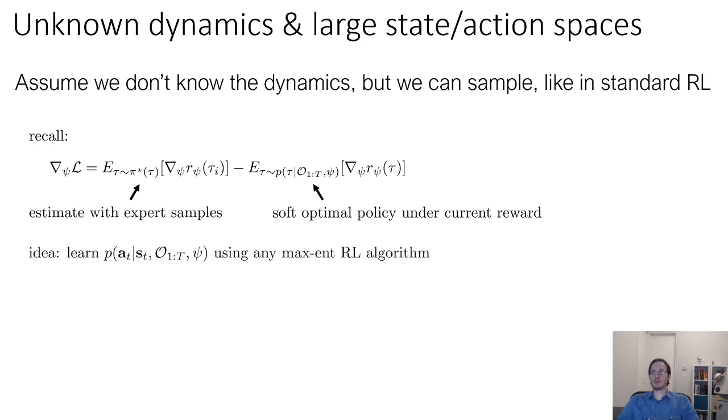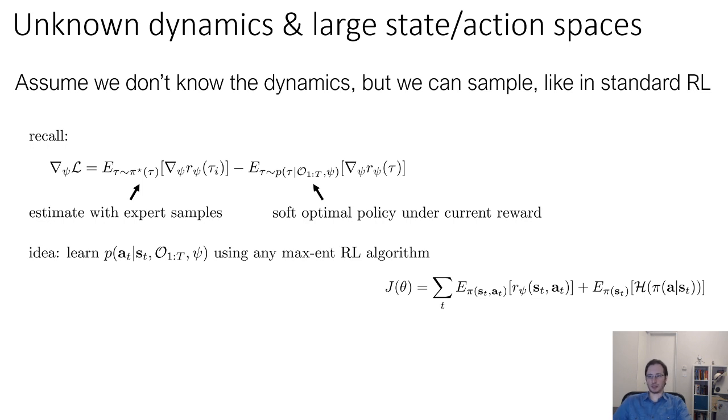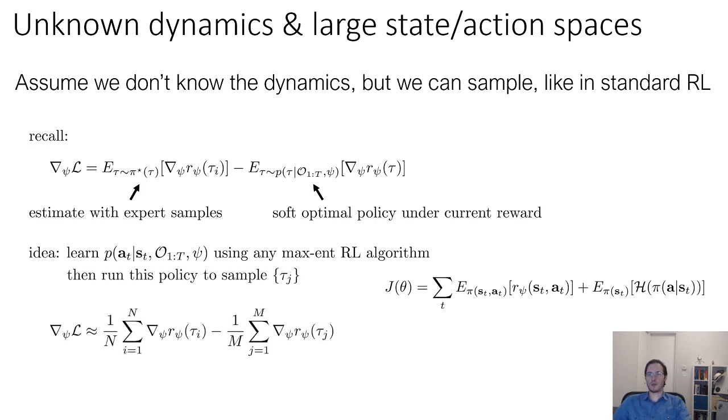So one idea that we could explore is, let's try to learn the soft optimal policy, p of a_t given s_t, O_1 through T, psi, using any maxent RL algorithm, basically any of the algorithms from Monday's lecture, like soft Q learning or entropy regularized policy gradient. So basically anything that maximizes this objective, and then run that policy to sample trajectories tau_j.